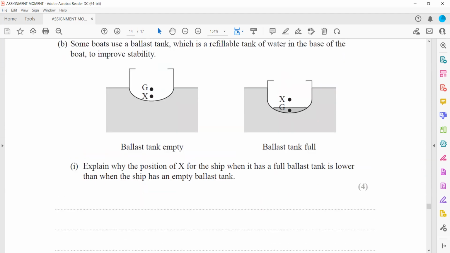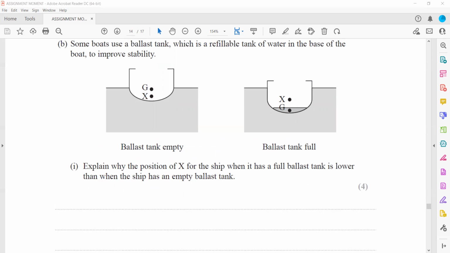So what is the reason? The main reason is that when it is filled with water, its mass will increase, so the gravitational pull, the weight, will also increase. And the upthrust must balance with the weight.